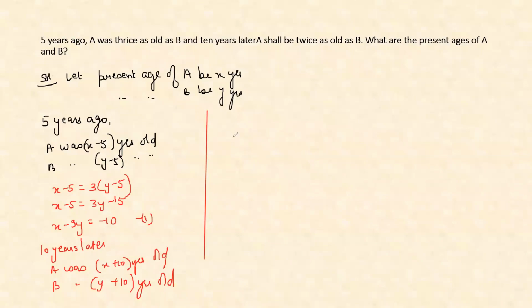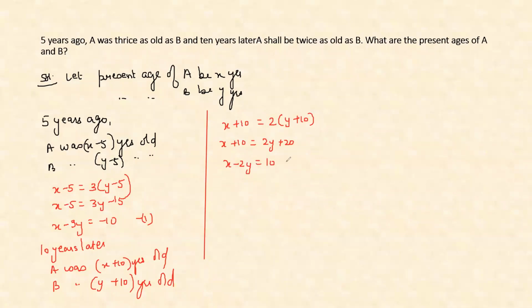They say 10 years later, A shall be, that means X plus 10 is equal to twice as old as B. So put it in bracket because Y plus 10 is one number. So you cannot write X plus 10 equal to 2Y plus 10. It is 2 times Y plus 10. So fully in the bracket. These are the small errors which I am pointing out.